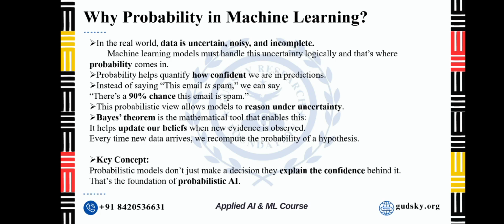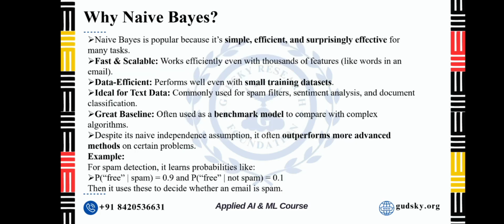So there is always a bit of uncertainty. That's where probability comes in. It helps us quantify uncertainty. For example, instead of saying this email is spam, we say there is a 90% chance this email is spam. That's the magic of probabilistic reasoning. It gives us confidence levels instead of just binary answers.